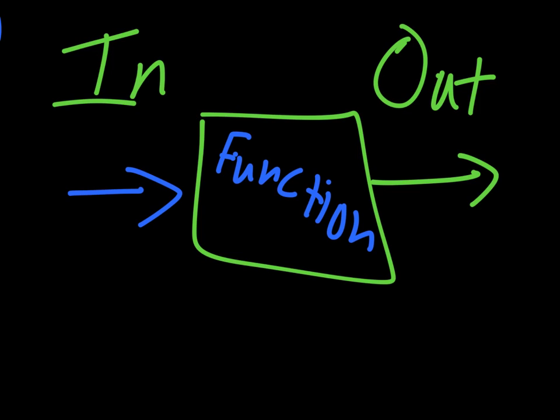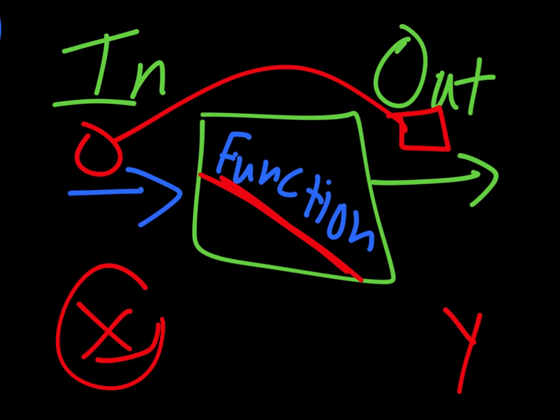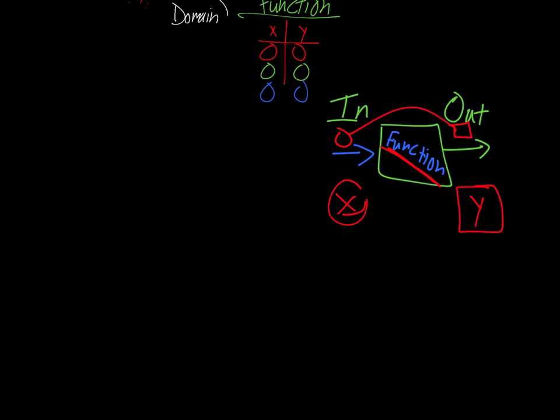So something goes in, and then it comes out something else, but it's a specific relation that these two have. The ins would be known as our x's, and our outs would become our y's, okay? You plug the x value into the function, and then you get your y value, okay? So that's what a function and a relation are, okay?